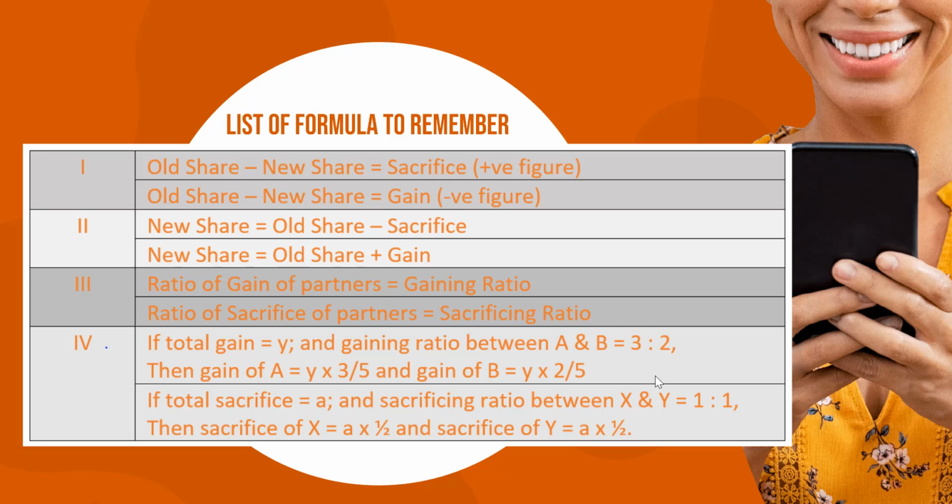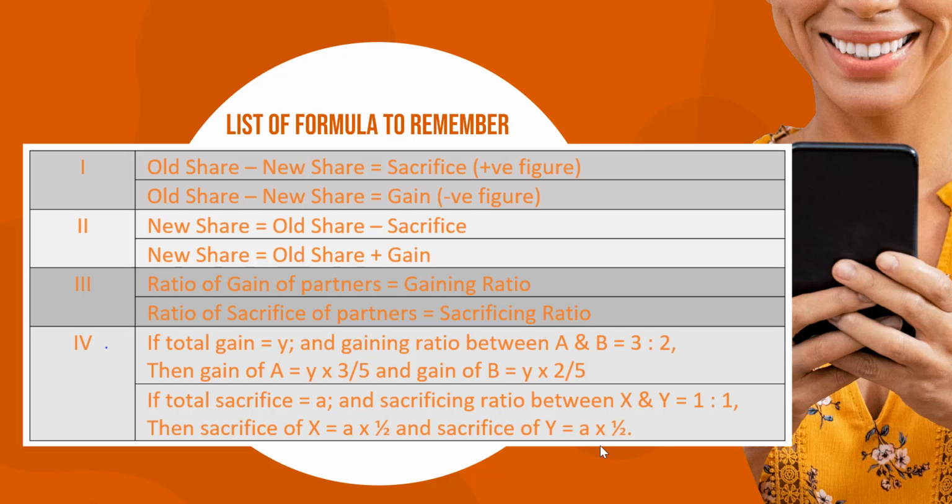The same applies for the sacrifice and the sacrificing ratio, where the total sacrifice is A and the sacrificing ratio between X and Y, two partners, is 1:1. To get the sacrifice of X, we take the total sacrifice and multiply by the sacrifice ratio of X, which is A into 1/2, and sacrifice of Y is equal to A into 1/2 again.